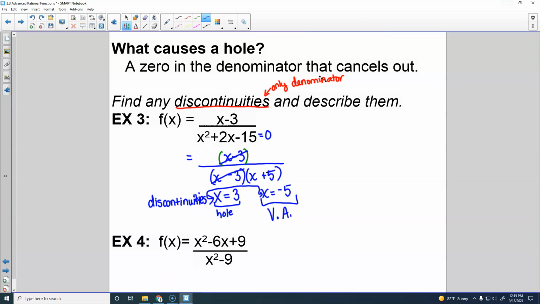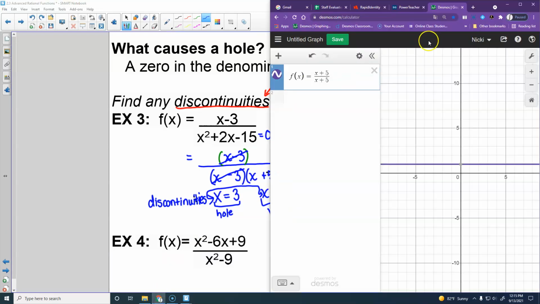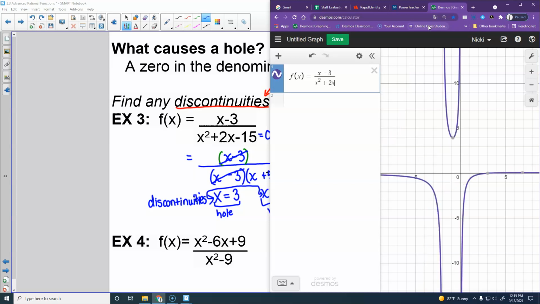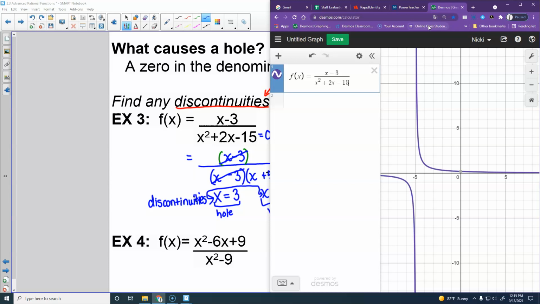And if we look at this graph in Desmos, you can see at negative 5, I've got that vertical asymptote. But over here at 3, it looks solid, but if I can get there, I just saw it.